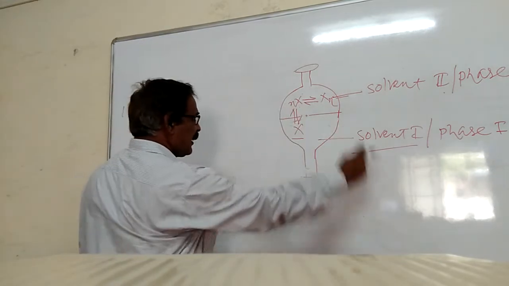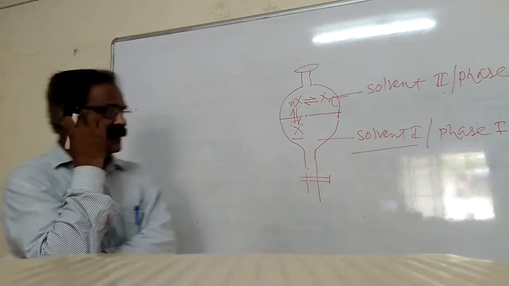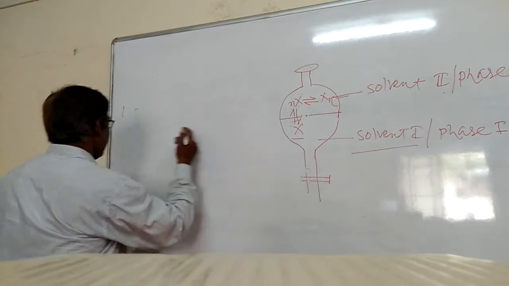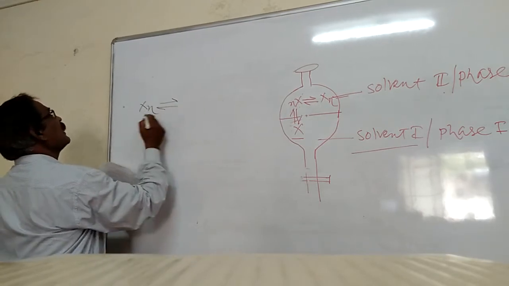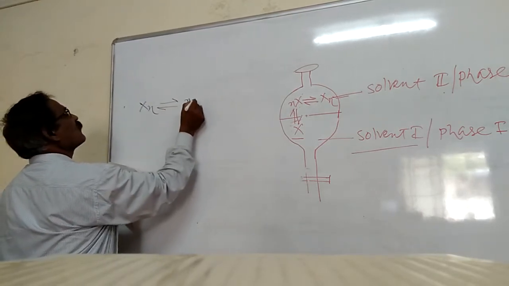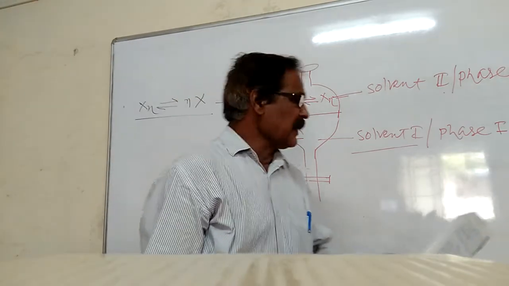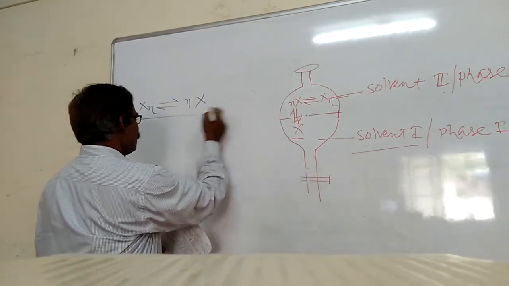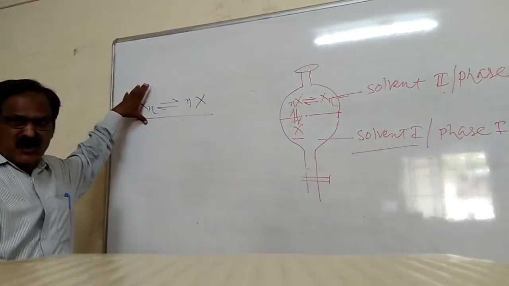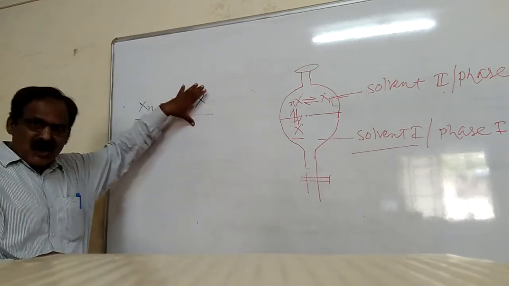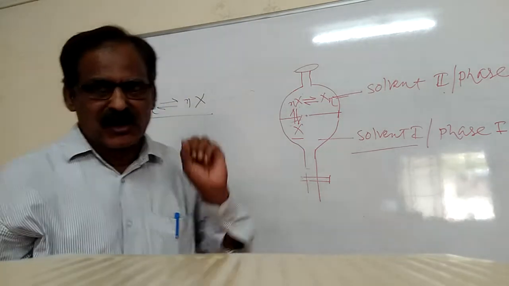The chemical equilibrium existing in solvent 2 is Xn in equilibrium with nX. This is equation number 1, a chemical equilibrium between the associated molecules Xn and the non-associated or simple molecules X existing in solvent 2.